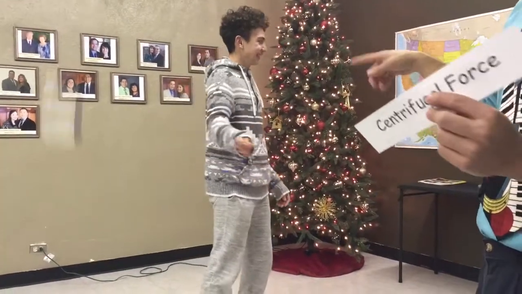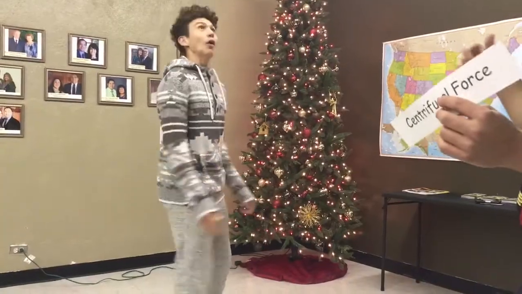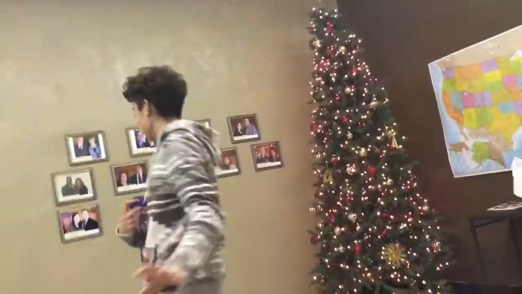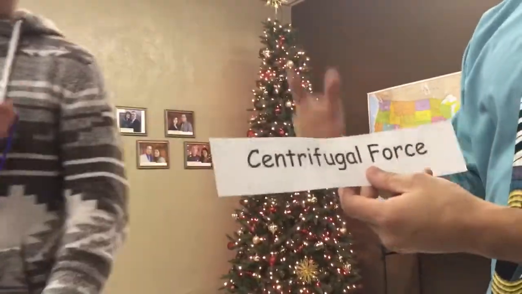As it's moving in a circle, it wants to go out because, as you can see, if you let go of it, it goes that way. That's centrifugal force, because the inertia makes it want to go in a straight line if I let go of it.